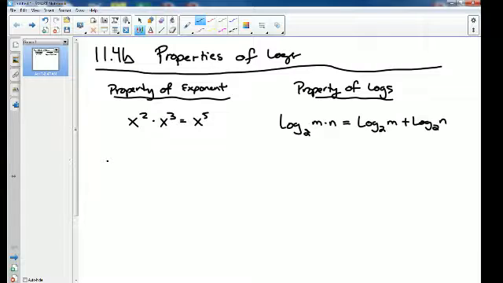Yeah, you could say like log base 2 of 24. 24 is 8 times 3, and you can split it. So here's one way to use these.